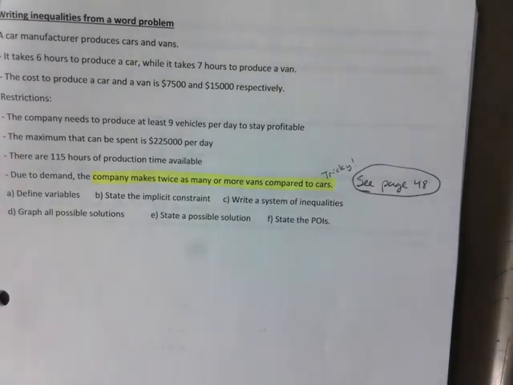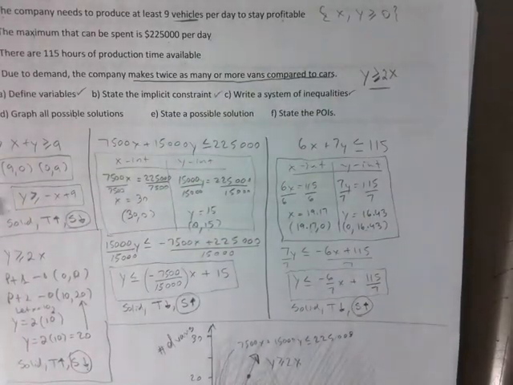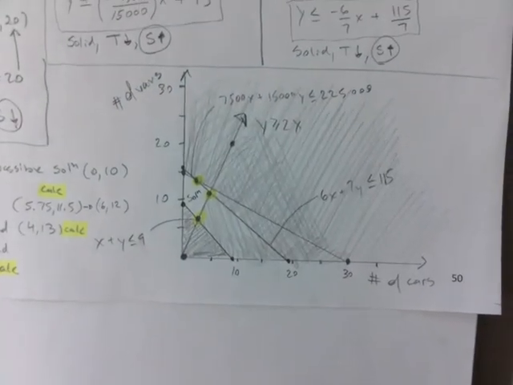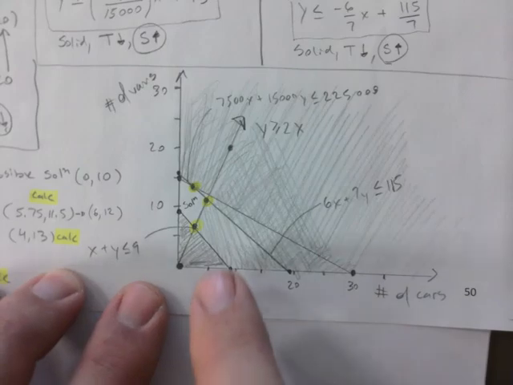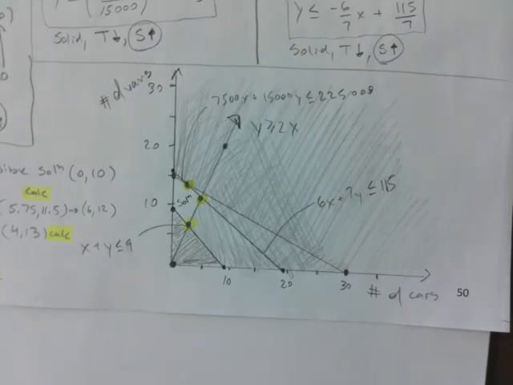I want you to know that it's messy. This one is probably one of the harder ones you're going to see. Look at how many boundary lines there are: 1, 2, 3, 4. There are 4 boundary lines going every which way. So this is one of the harder examples you're ever going to see. Most of my tests only have 2 or 3, but not 4. 4 would be a bonus or something like that if I get around to it.